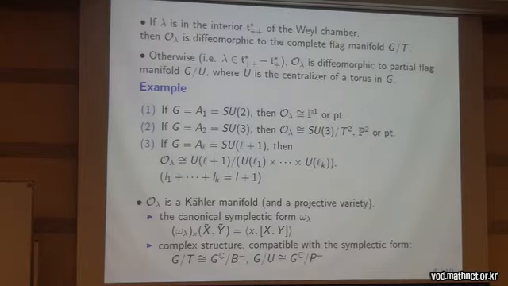The canonical symplectic form, denoted by omega_lambda, is given by this formula, the KKS symplectic form, and the compatible complex structure is given by this description of O_lambda as a homogeneous space, G_C over P, where G_C is the complexification of G, B is a Borel subgroup and P is a parabolic subgroup.